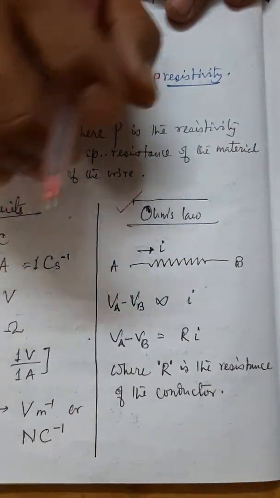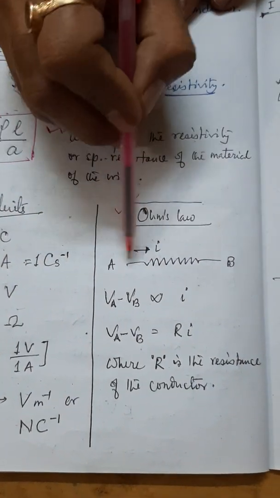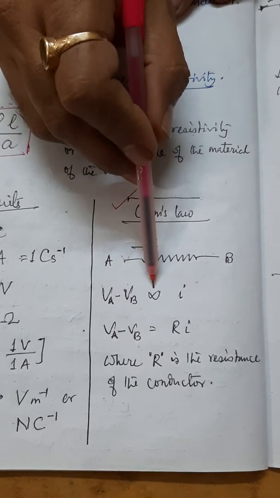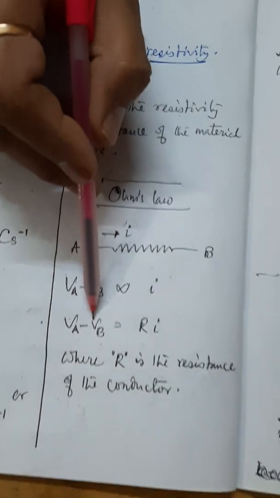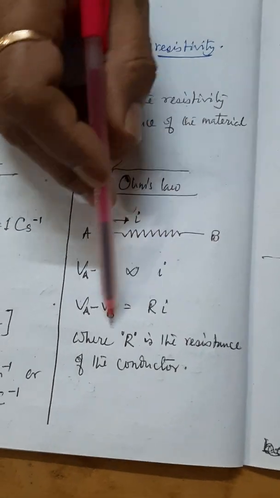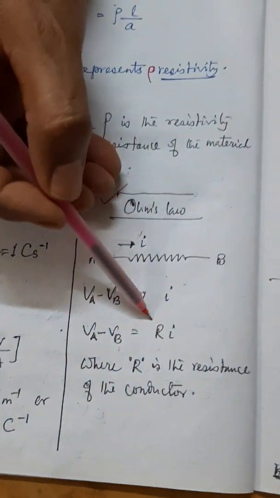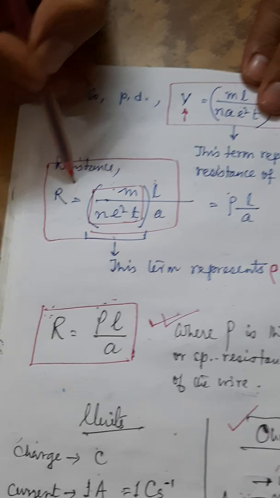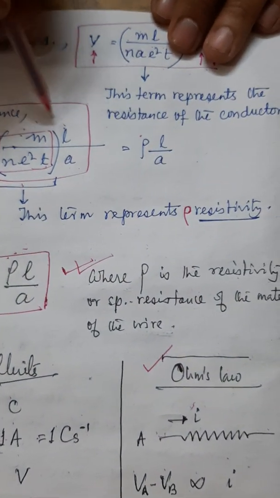I won't state the statement, just the mathematical expression: the potential difference between the two ends of the conductor, VA minus VB, is directly proportional to the current passing through it. So VA minus VB equals R I, where R is the resistance of the conductor, and we have already evaluated R as rho L by A.